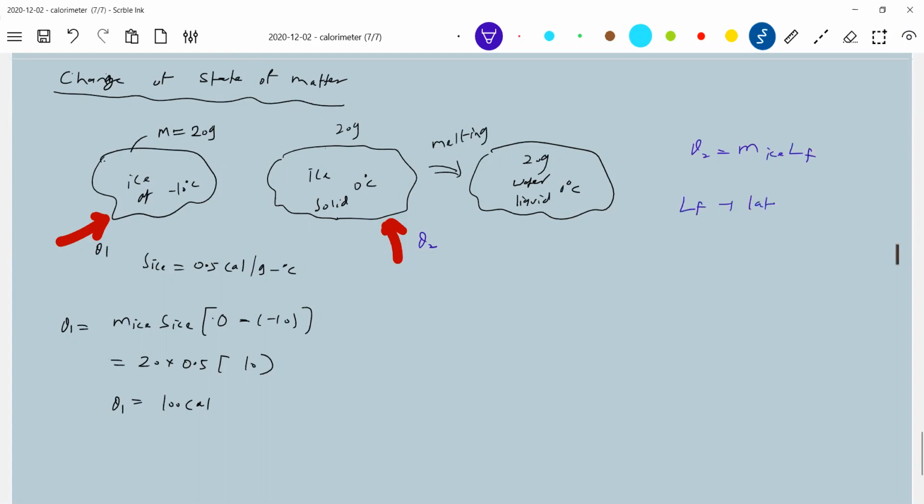So this is called latent heat of fusion. The value of this will be 80 calorie per gram. The value of latent heat of fusion for ice will be 80 calorie per gram.